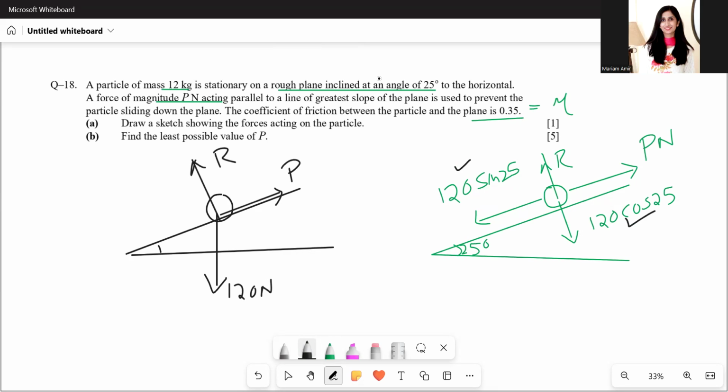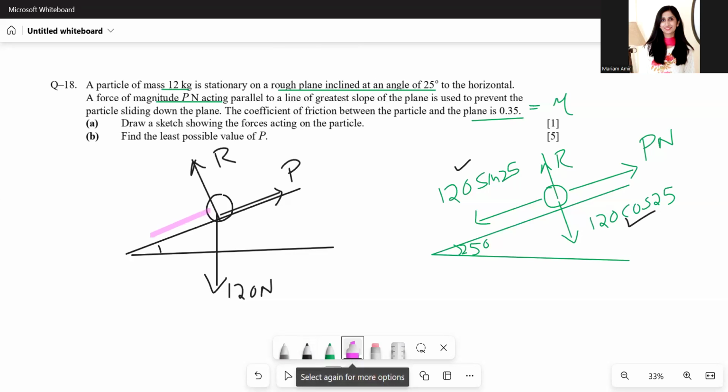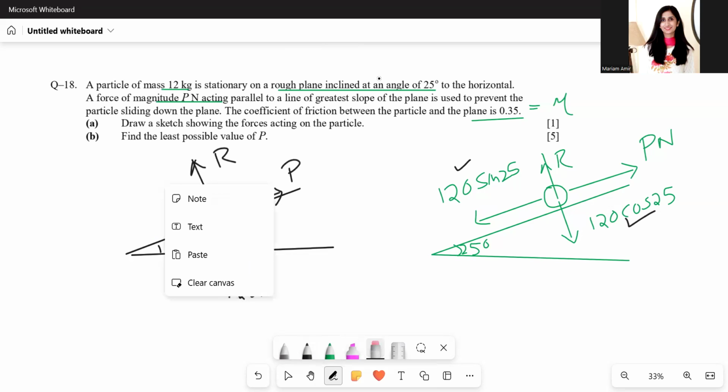And we have to mention the friction. Now, the question so far is silent about whether this particle will go upwards or downwards. So friction can be drawn on either side. So we know there's a mg sin theta here and mg cos theta here, but it's not required to be drawn. Components are not required to be drawn.